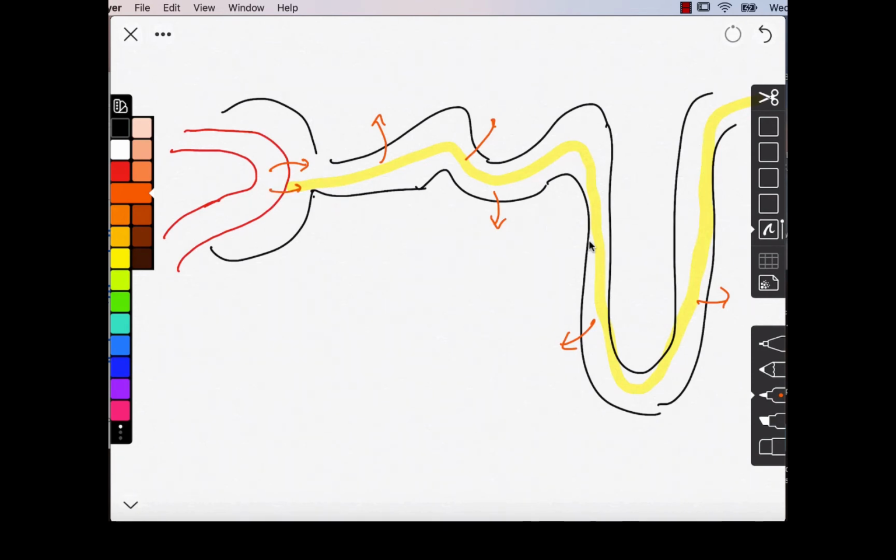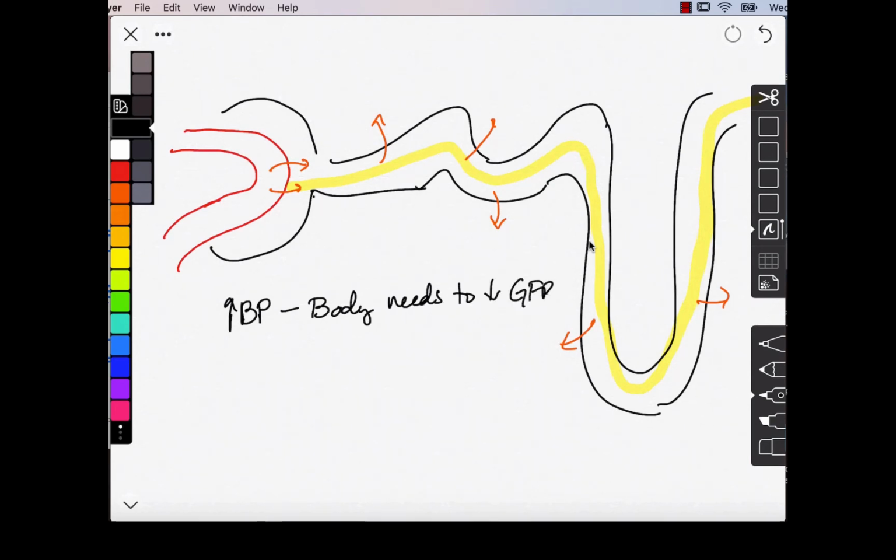So if your blood pressure gets really high, your body's going to need to decrease the glomerular filtration. And the way that your body does that is that it constricts the afferent.